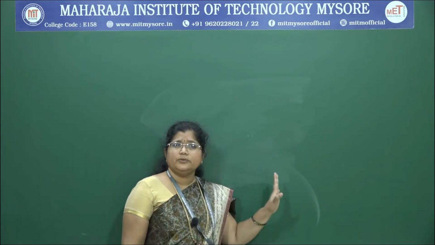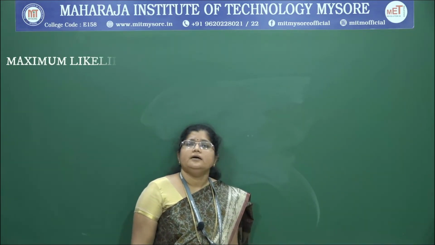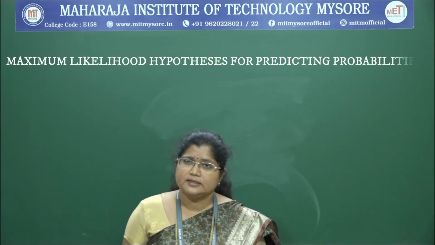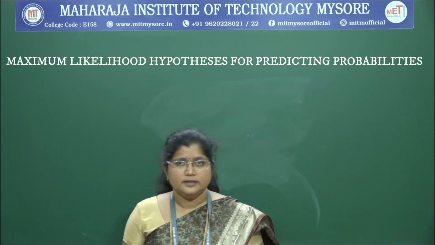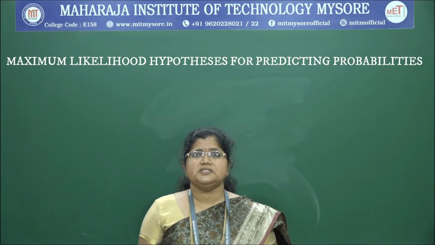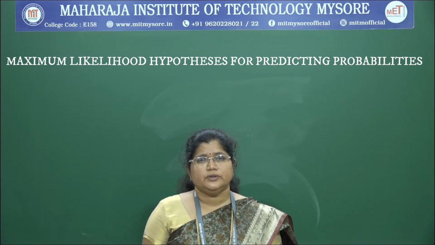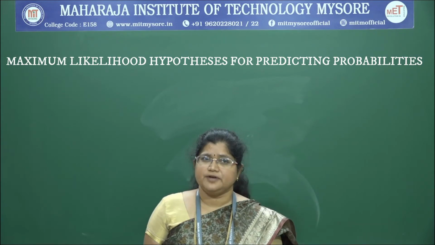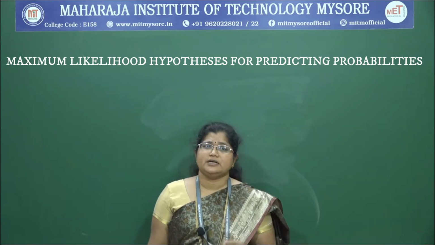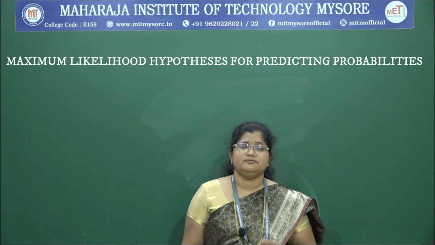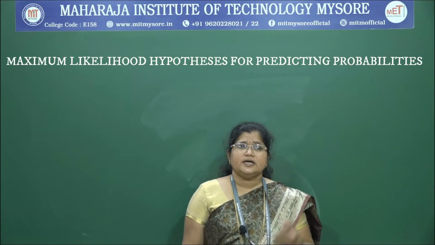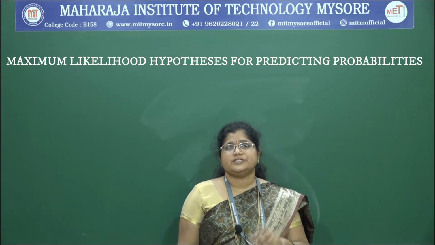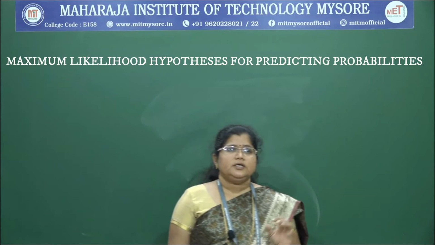The maximum likelihood hypothesis for predicting probabilities. See what happens: the target value predicted by the learner or algorithm must match the target value. So you have to consider the setting in which we wish to learn a non-deterministic or probabilistic function f of x, with two discrete output values, 0 or 1.